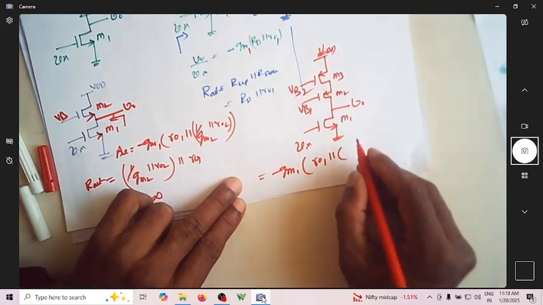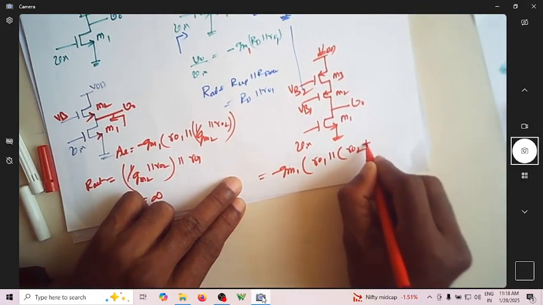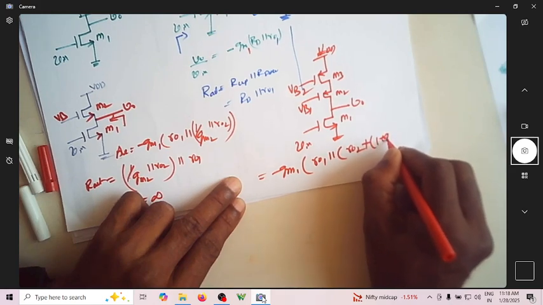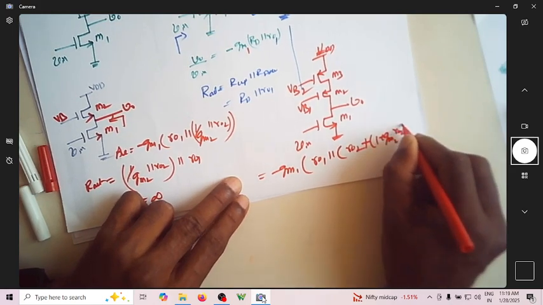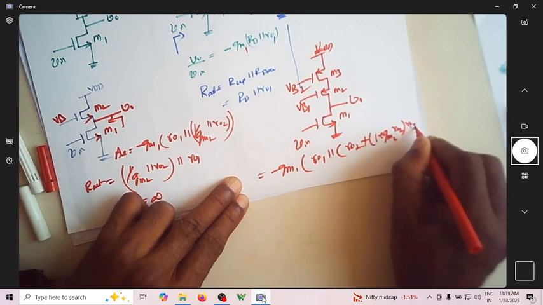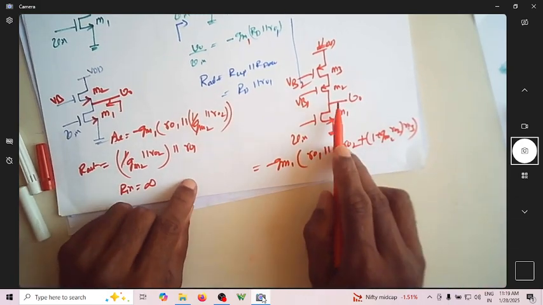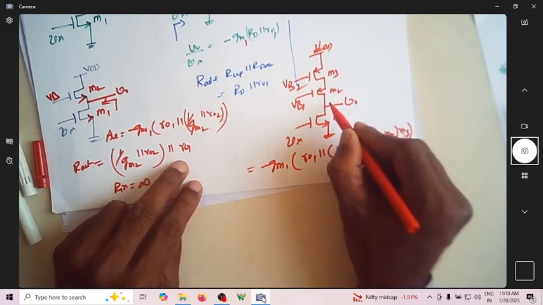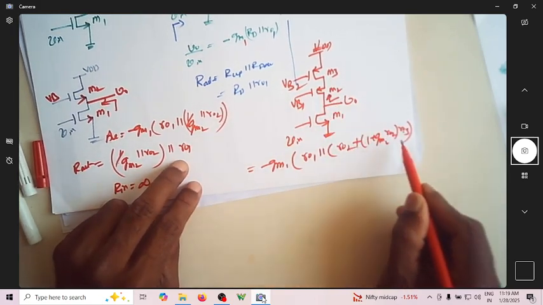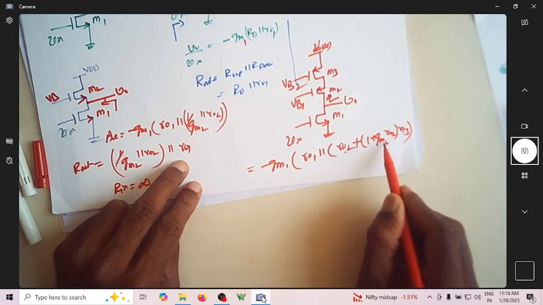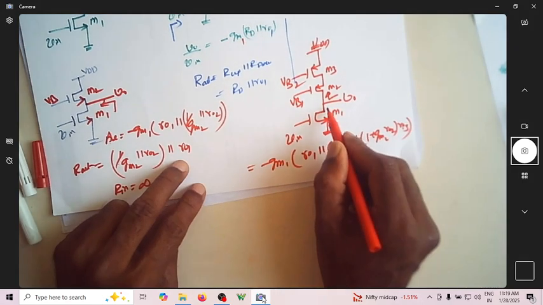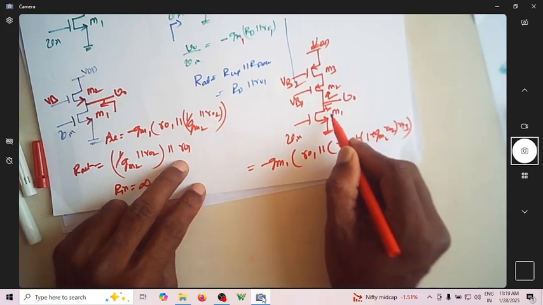what is the resistance looking up here? It is R02 plus (1 plus GM2 R02) into R03. So this is the resistance looking up here. What is looking down? It is R01.